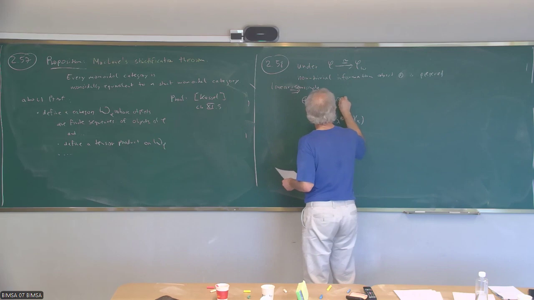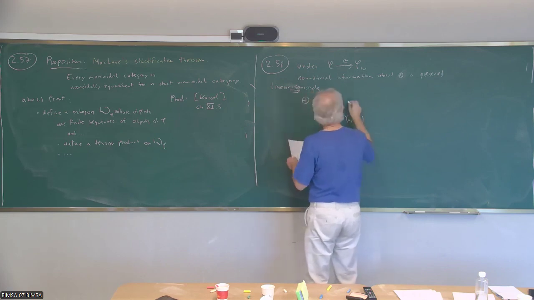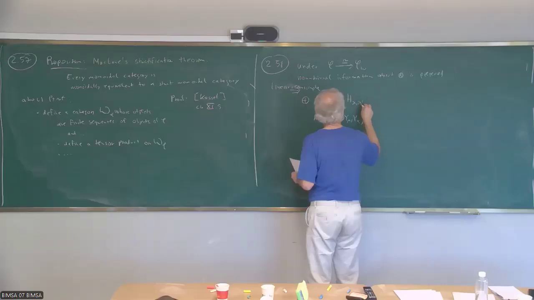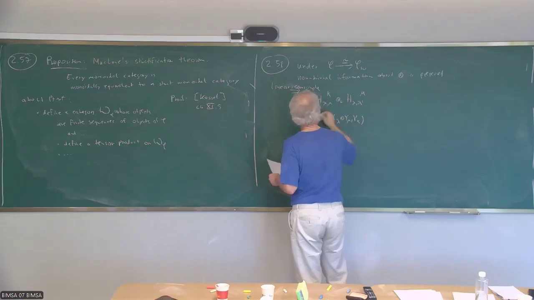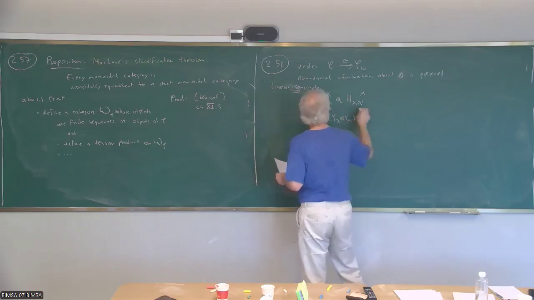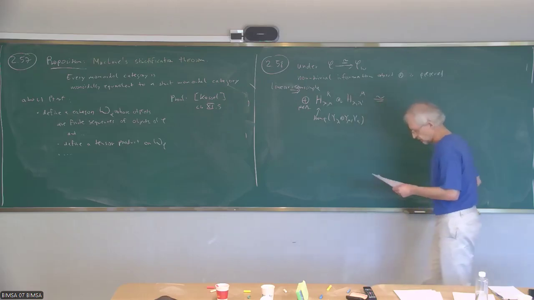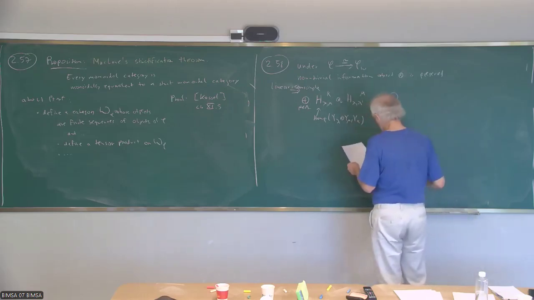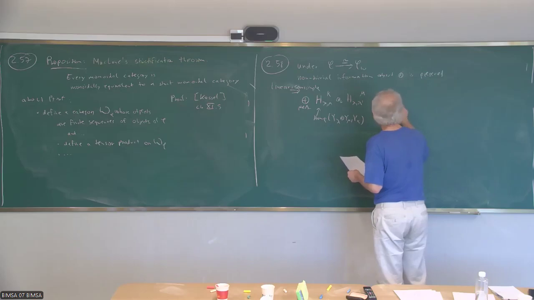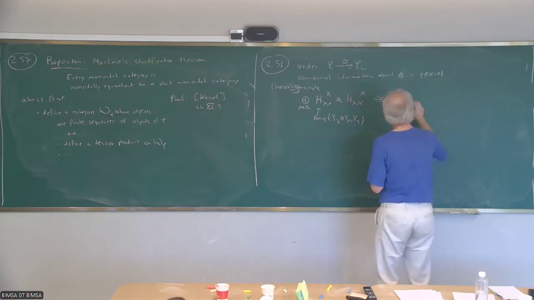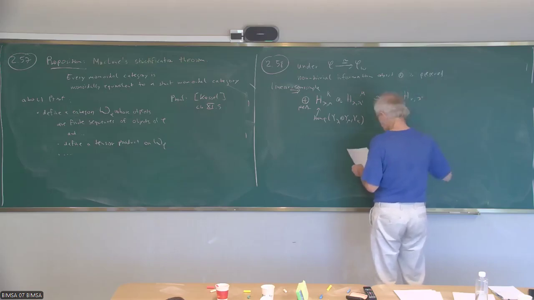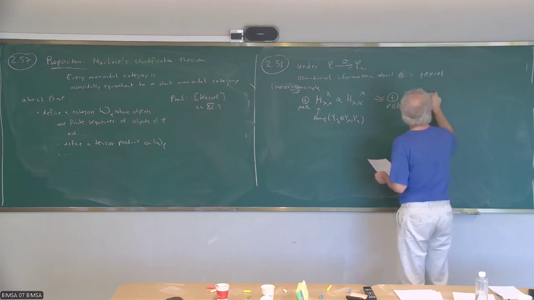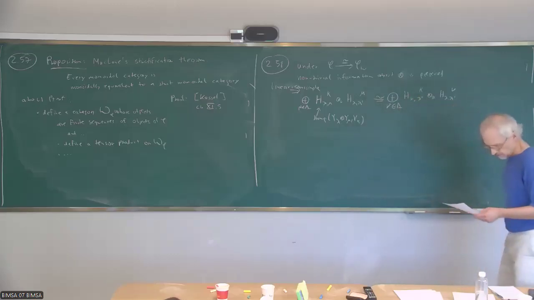If I tensor this over K with H lambda prime mu, with all these labels in capital lambda and sum over mu, then there is an isomorphism between this tensor product and the tensor product H mu lambda double prime kappa tensor over K H lambda prime mu.